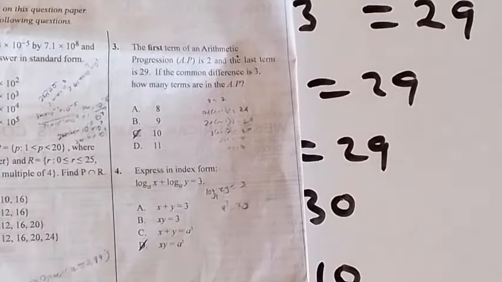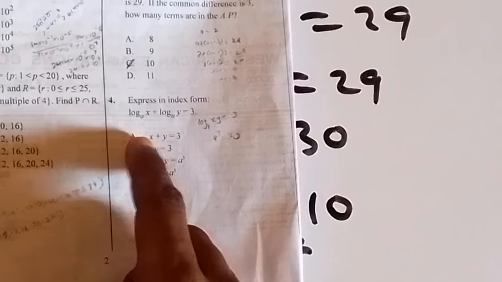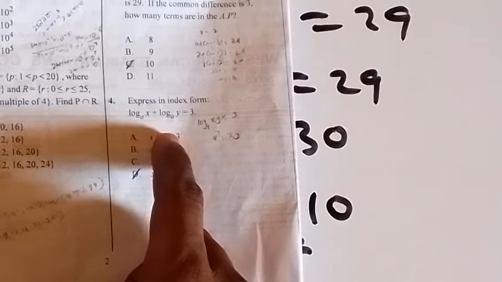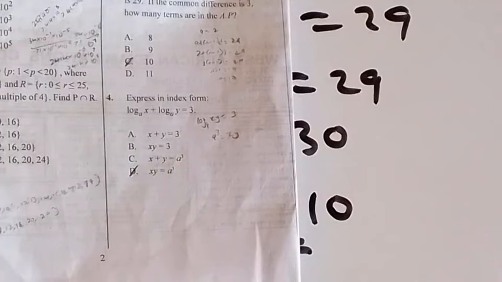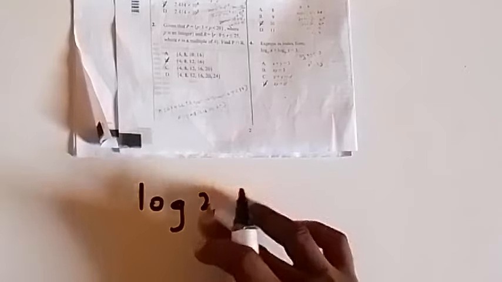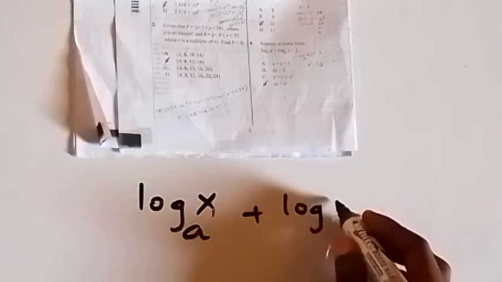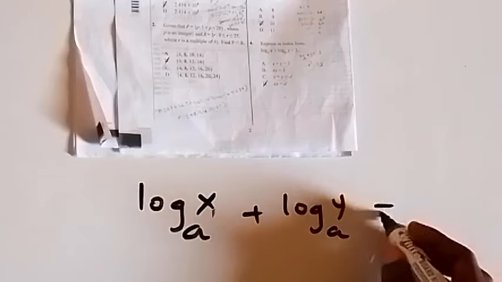The next question, which is question 4, says we should express in index form what we are given, which is log x to base a plus log y to base a equals 3.